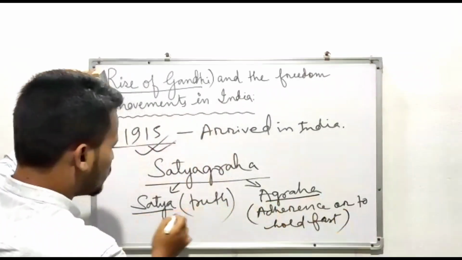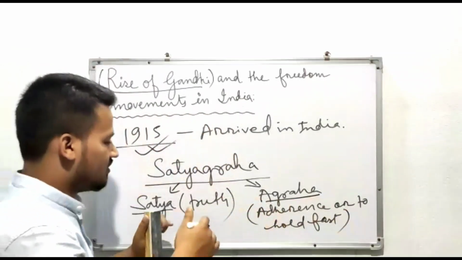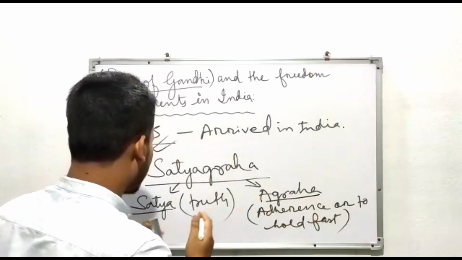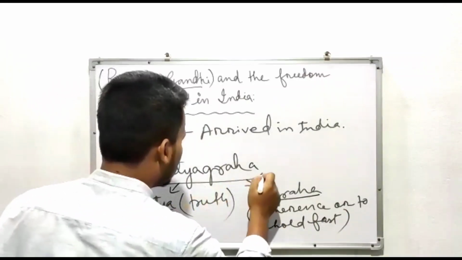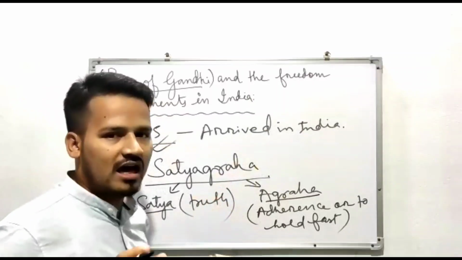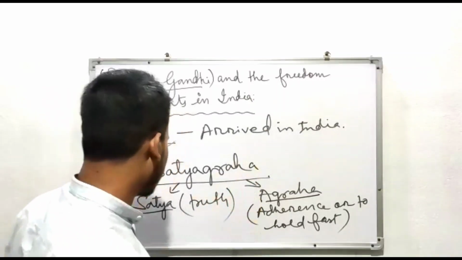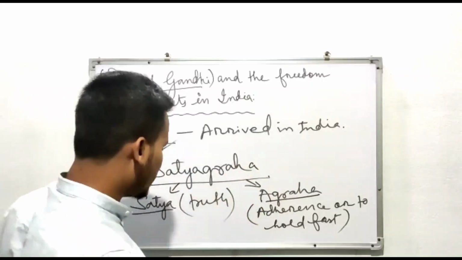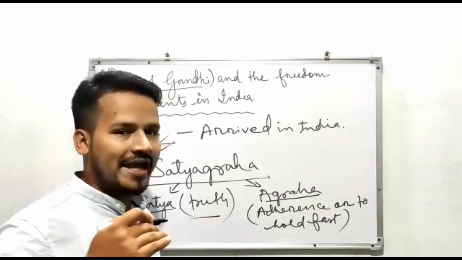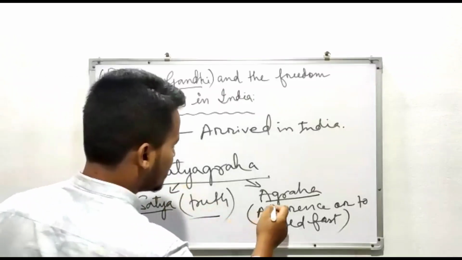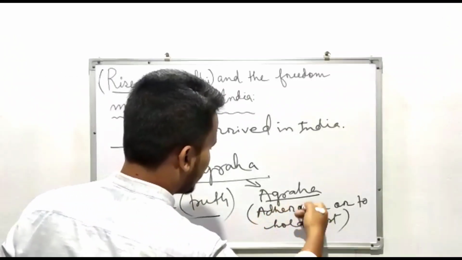So by these two root words, Satyagraha, the people who love or who support this Satyagraha are known as Satyagrahi. That means they will follow the principle of truth, or they will accept the principle of truth. Agraha means to accept or to adhere, no?